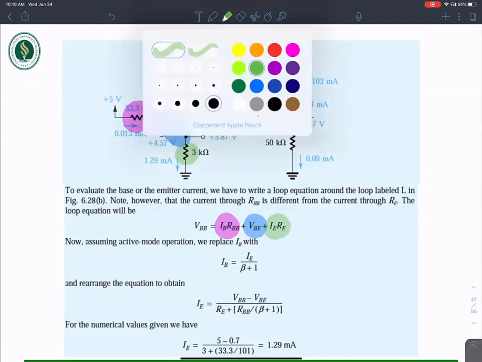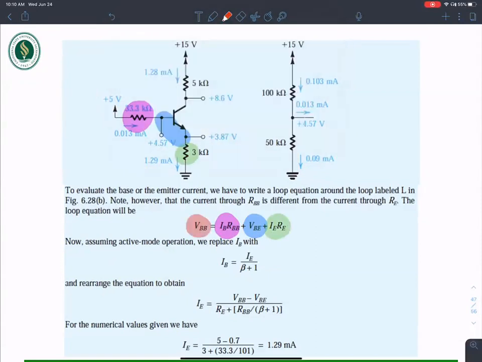Okay, all of that value should equal the applied input voltage, which is 5 volts. The input applied voltage is 5 volts, so that's VBB. So when you write the loop equation, the voltage supplied equals the voltage dropped. Okay, so using that, I can find VB.